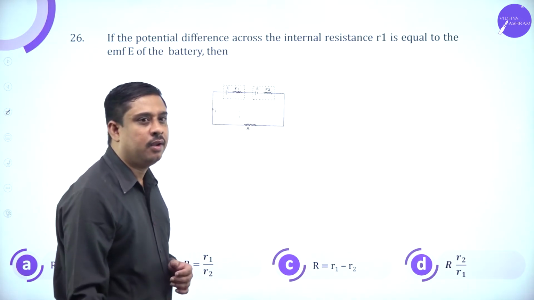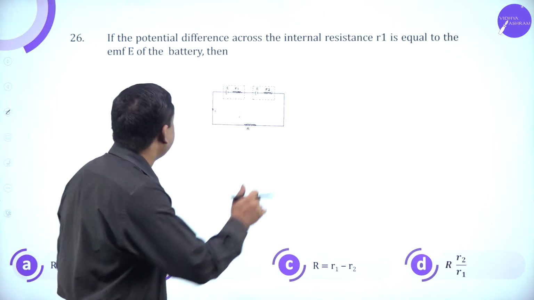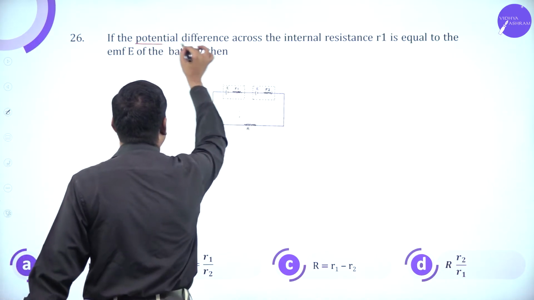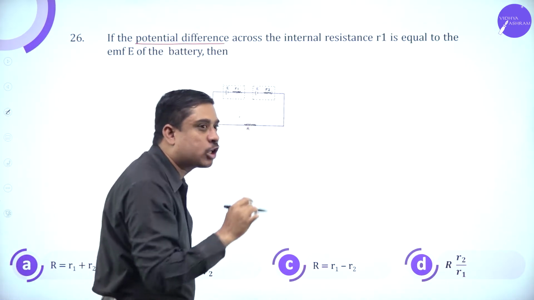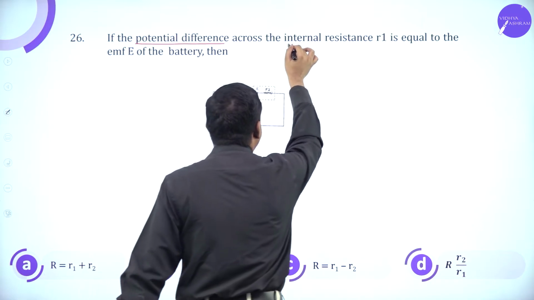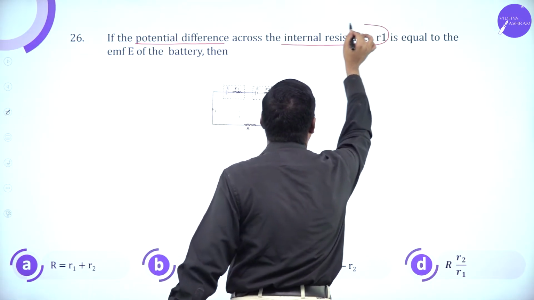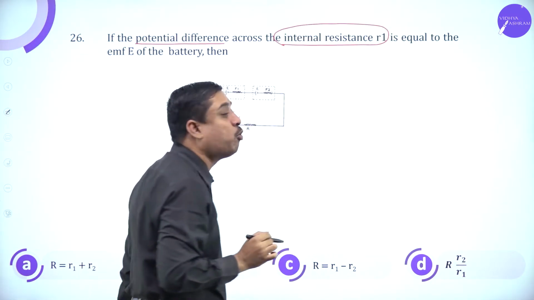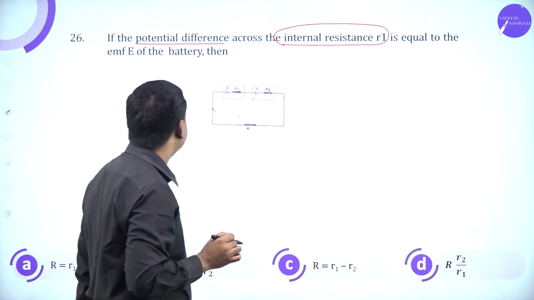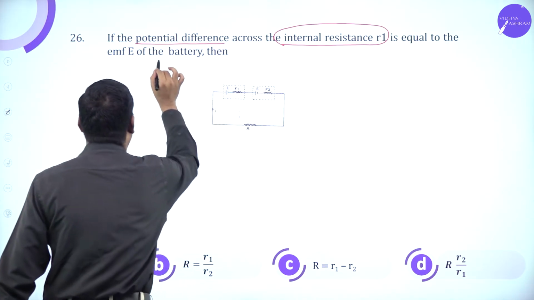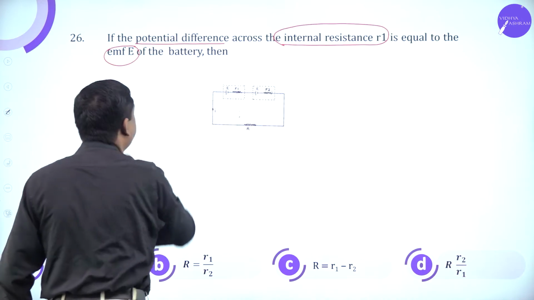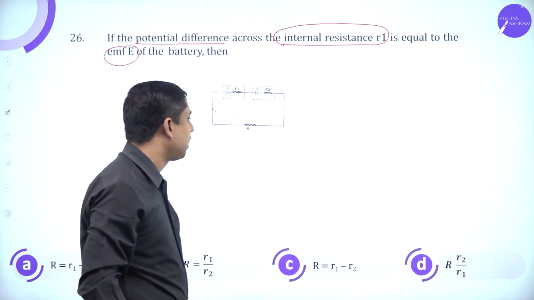Now, the potential difference across the internal resistance R1 is equal to the EMF of the battery.